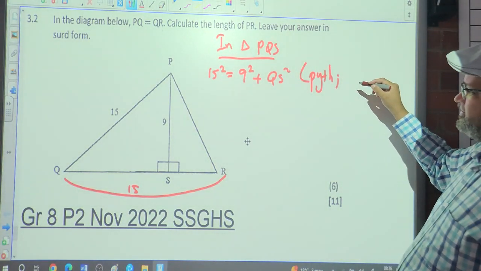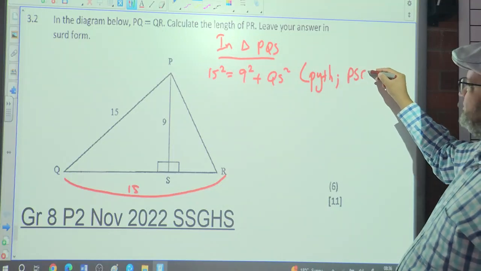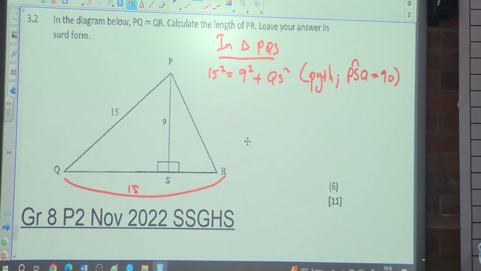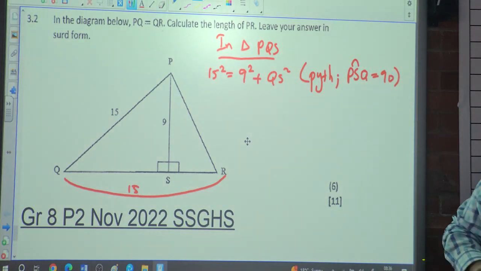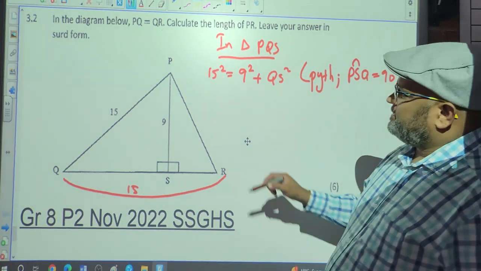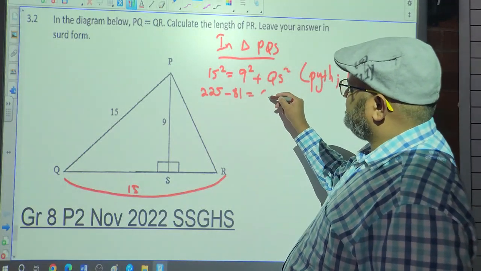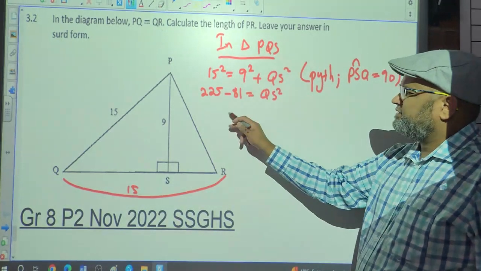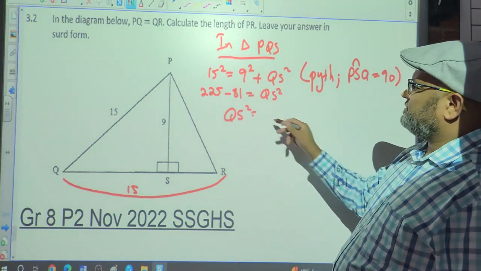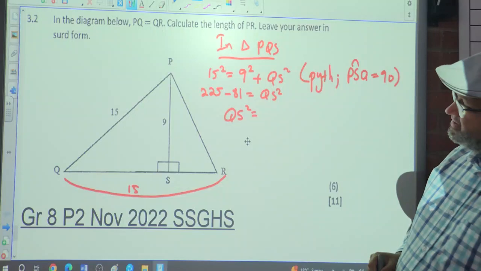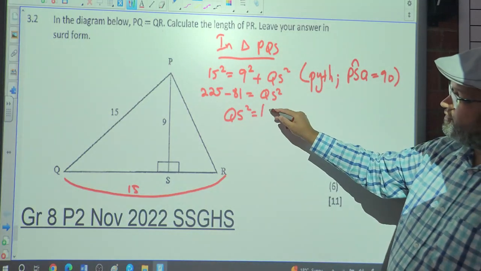You can't just say the angle PSQ equals 90. So it's 225 minus 81 is equal to QS squared. What's 225 minus 81? 144.